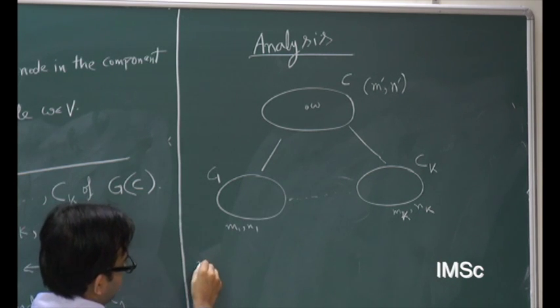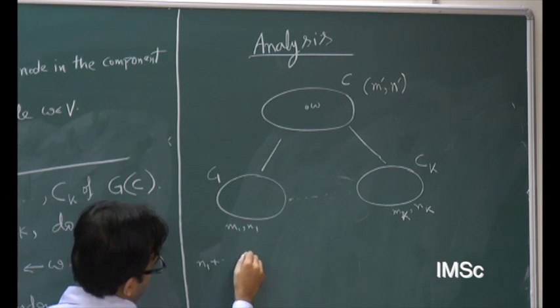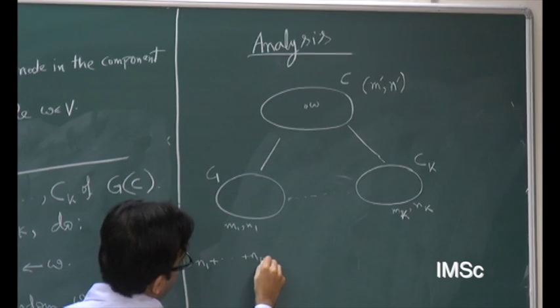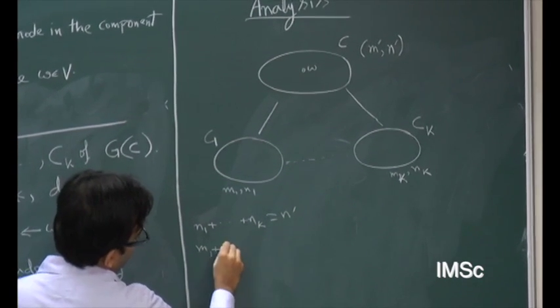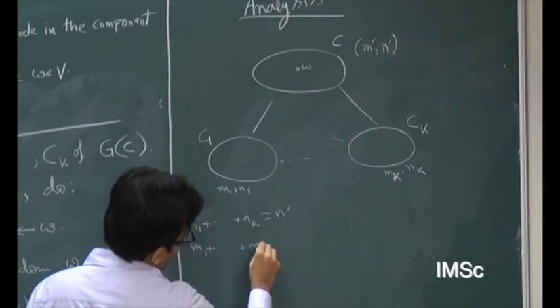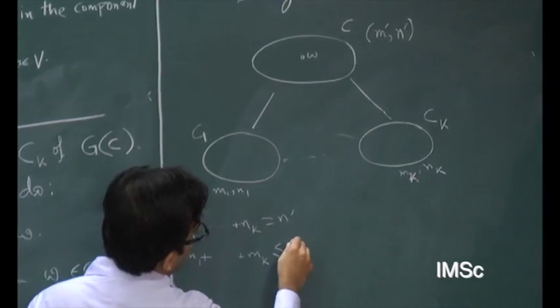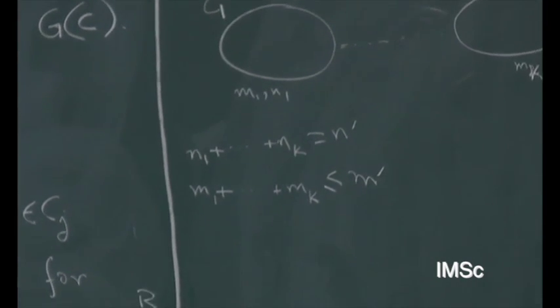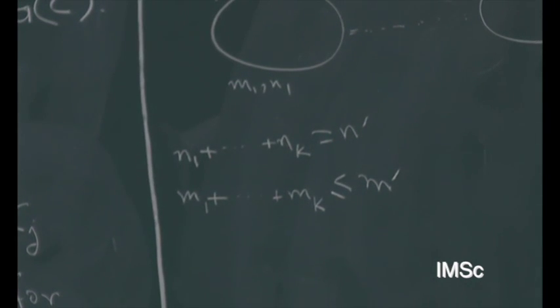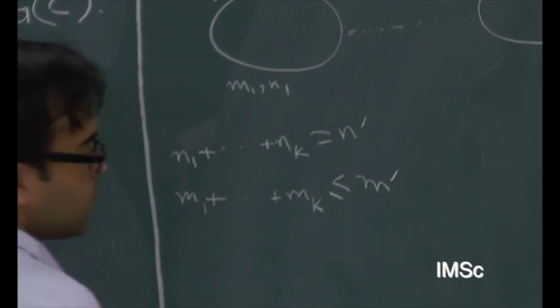So, we know that N1 plus Nk is equal to N prime, and M1 plus Mk is going to be less than or equal to M prime, because some cross edges might get deleted. Okay.